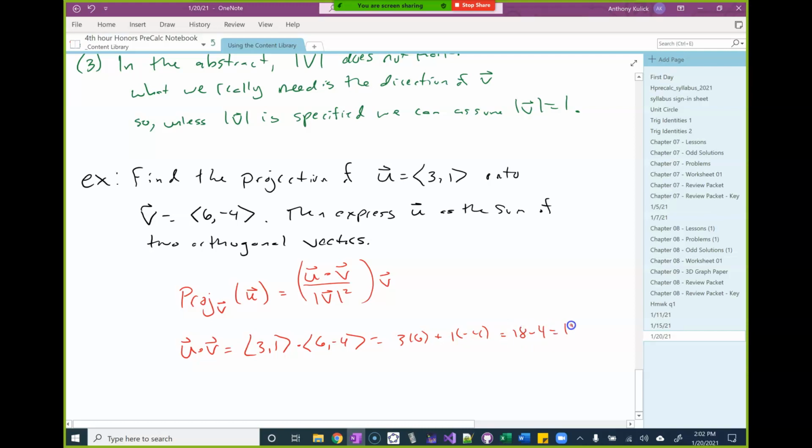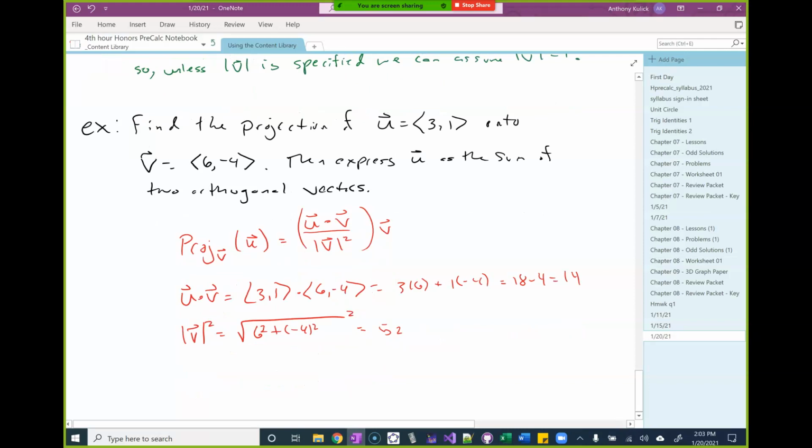So that's 36 plus 16, which is 52. So we can say this is then 14 over 52 times (6, negative 4). Now 14 over 52 we can really reduce, right?